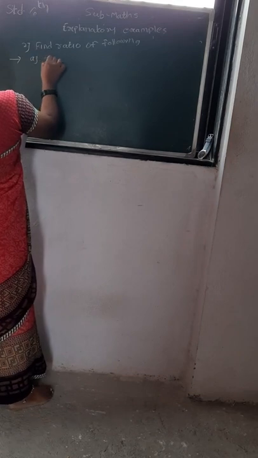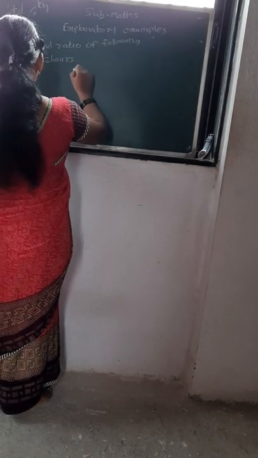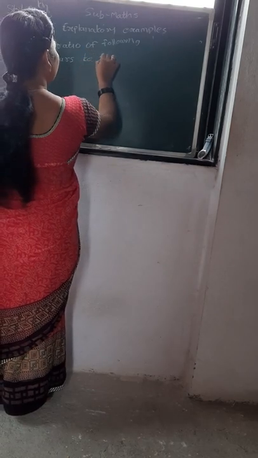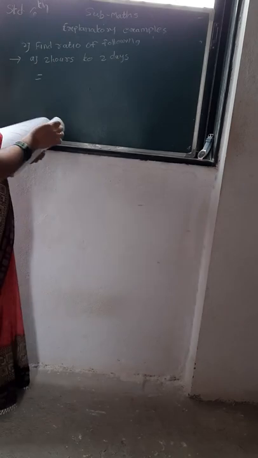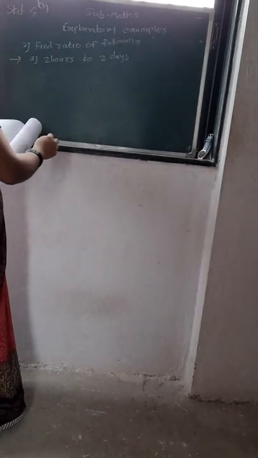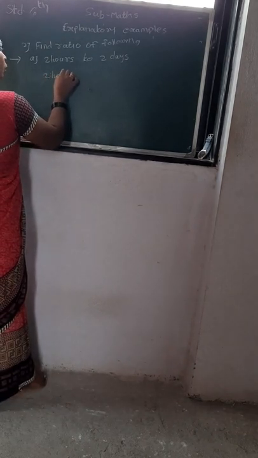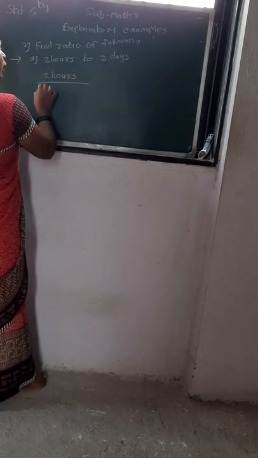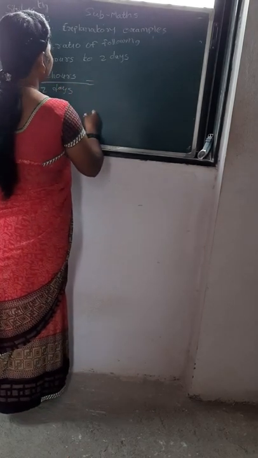We have to find the ratio of 2 hours to 2 days. 2 hours divided by 2 days.